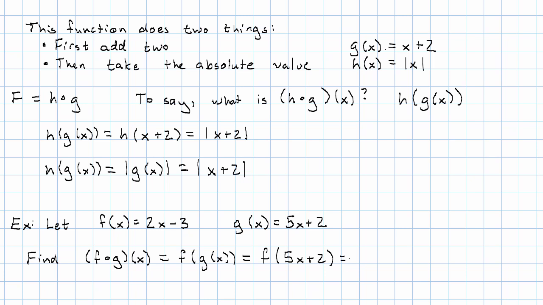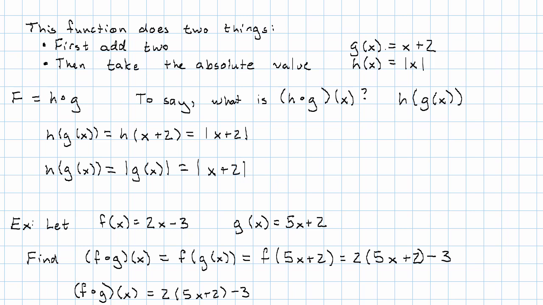It takes its input and multiplies it by 2, and then subtracts 3. In this case, its input is 5x plus 2. Now that's it. I'm actually done. Right, f composed with g of x is 2 times (5x plus 2) minus 3.